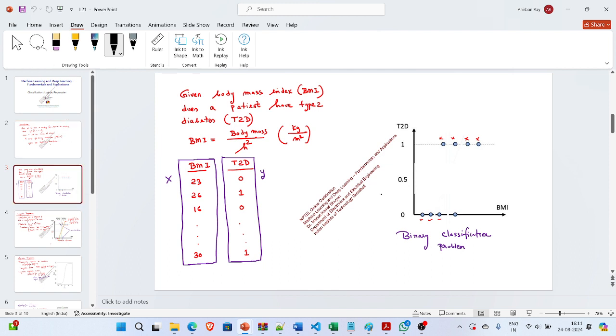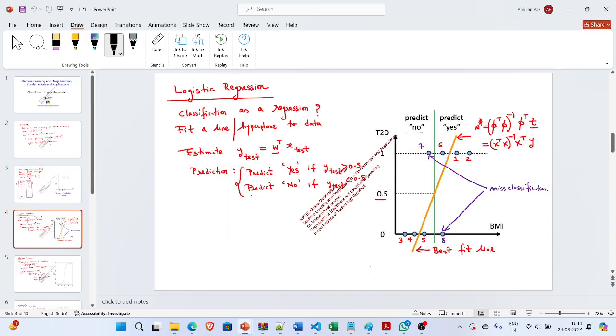So we fit the logistic function. As you can see here, this is going to be the classifier, W transpose X. If y is greater than 0.5, they have first tried to fit a hyperplane.